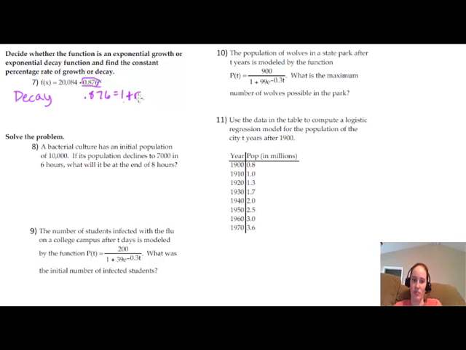So if it's a positive percentage, then that is a number bigger than 1. If it's a negative percentage, it's a number less than 1. So subtract the 1 from both sides to solve for r, and you get negative 0.124, which matches our decay, and as a percent, that's negative 12.4%.